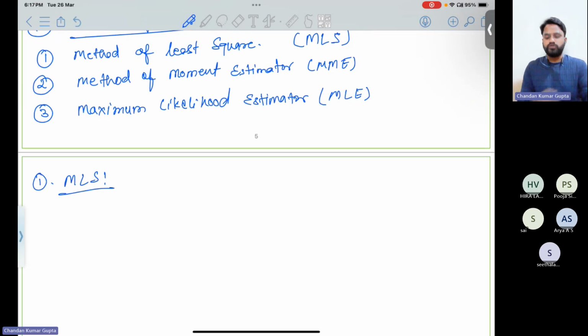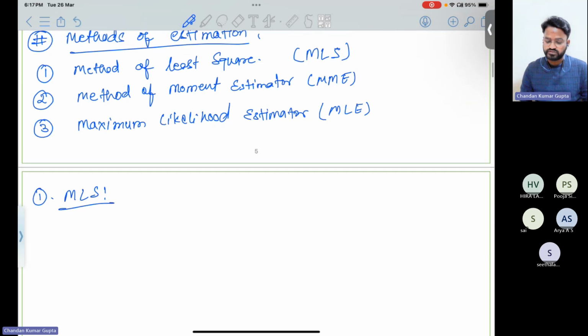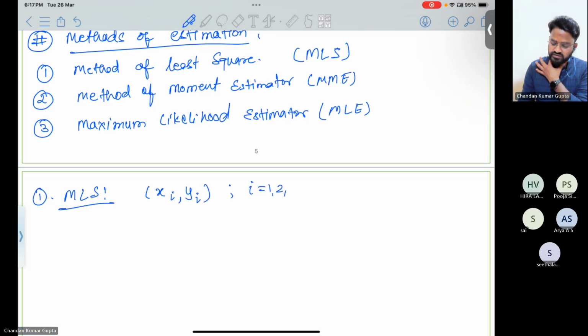For this method, our data will be like xi, yi, in paired form. These are two different quantities, suppose height and weight, marks, expenditure, income and expenditure, any two things.